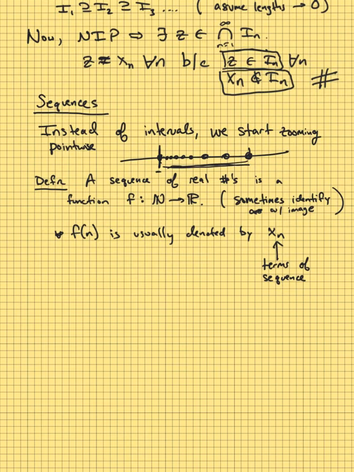The other way that you can denote the entire sequence is as (x_n) with n in N. I mean, we're using open parentheses too much, but that's just common notation. Notice this is different from the set {x_n}.